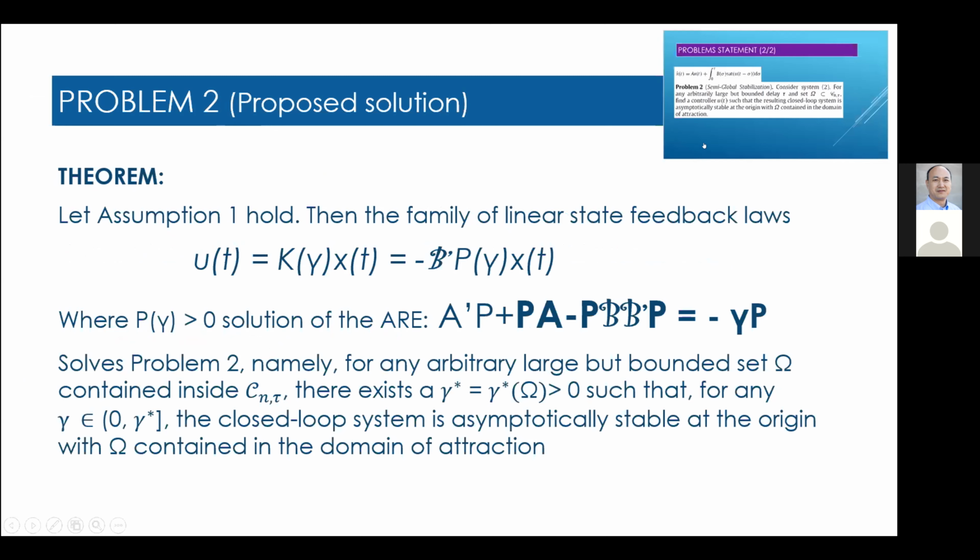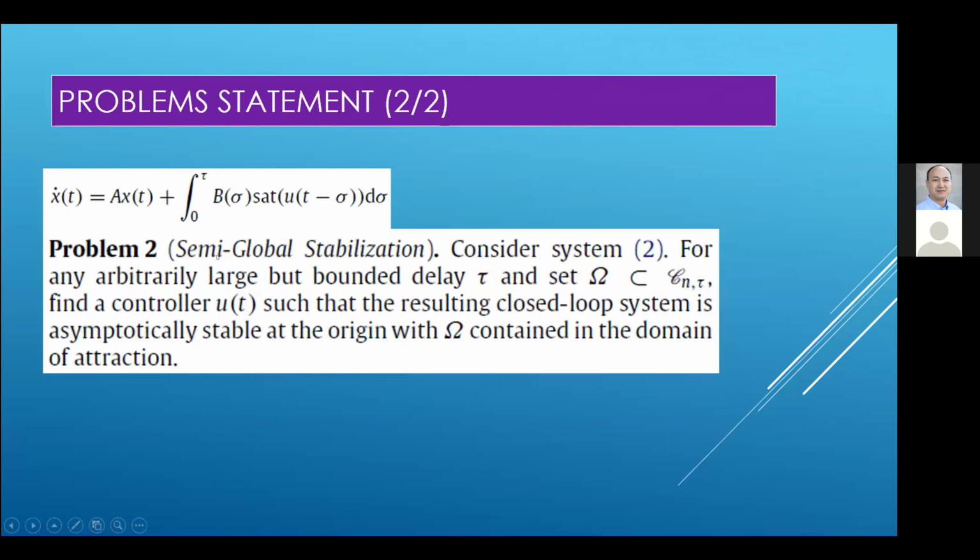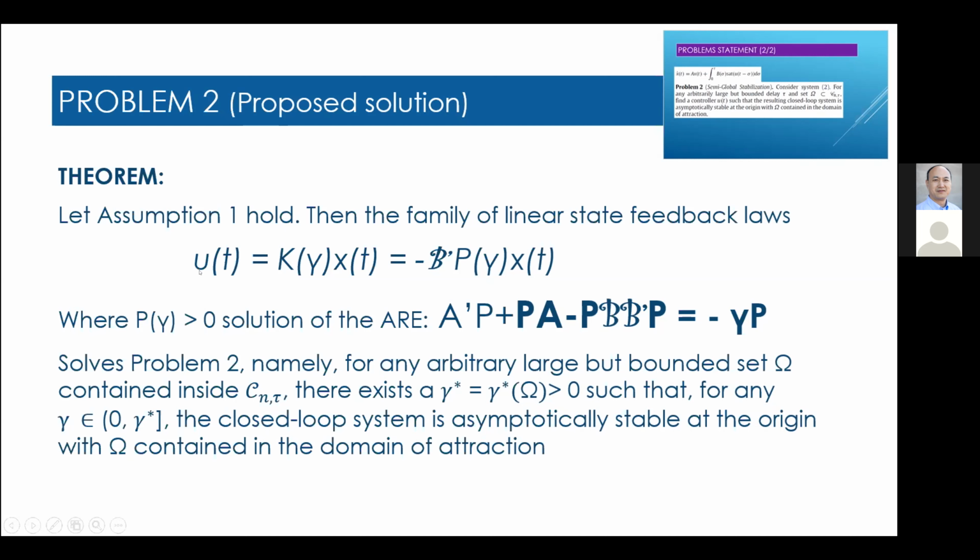So the proposed solution for problem number 2, which is the semi-global stabilization when we introduce saturation in the input, is also based on the first assumption. Essentially, the controller used for problem number 1 also solved problem number 2. And P, again, is a positive definite matrix, which is the solution of the algebraic Riccati equation given here.